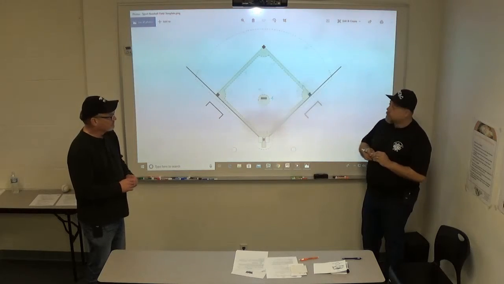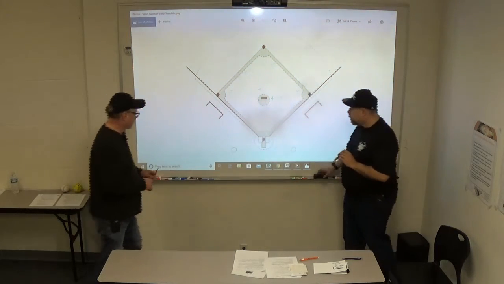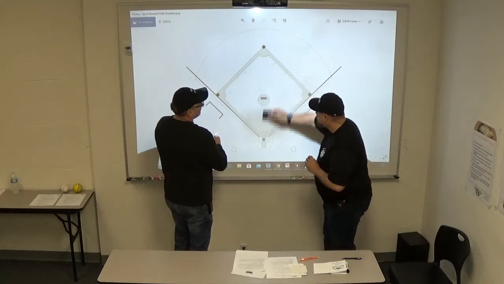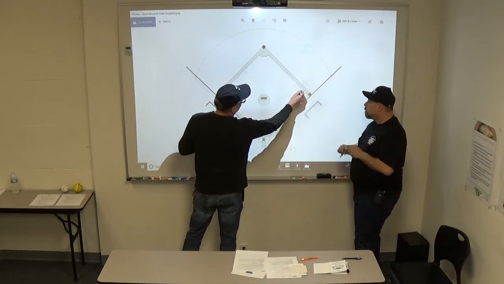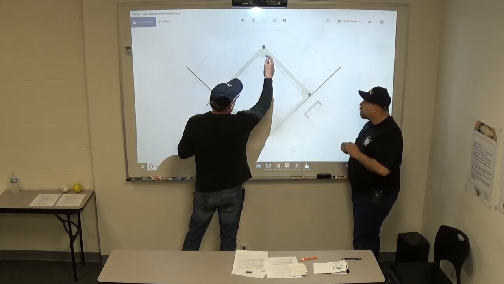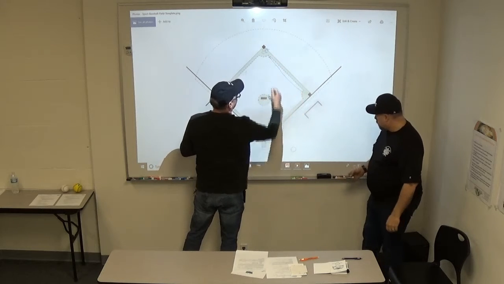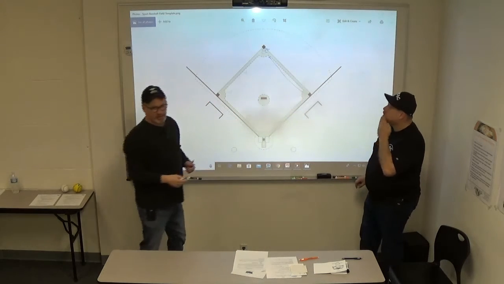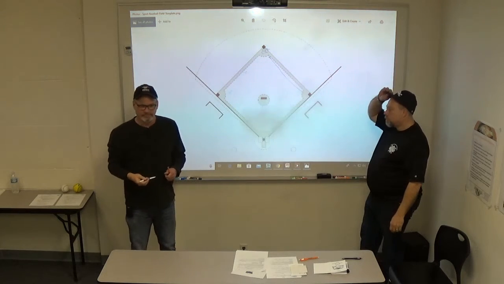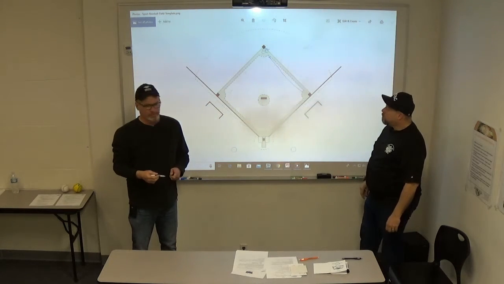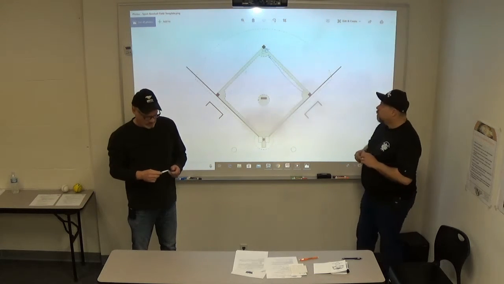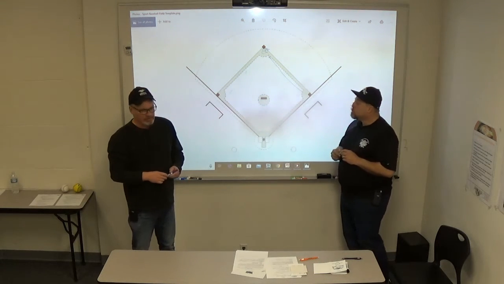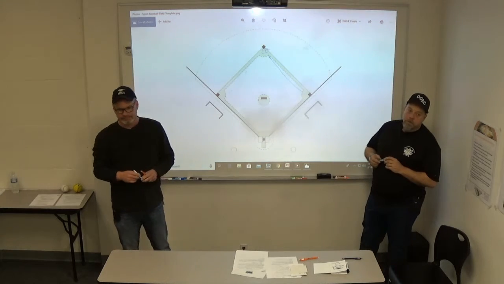Even if this runner goes here, the only way you would have anything would be if there was a play made on the runner, if the runner wasn't ever able to get to second base. So don't let the coaches talk you into trying to call it.